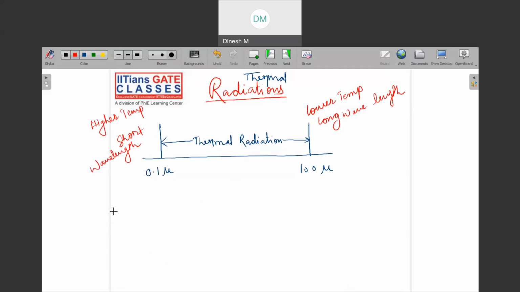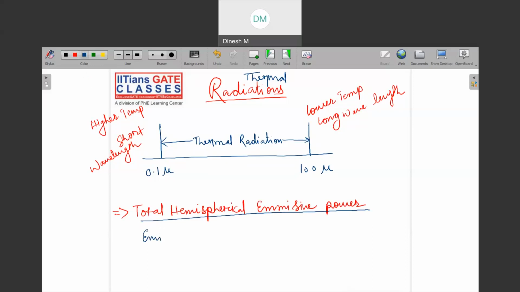Now basic definitions. First thing is total hemispherical emissive power. What is this total hemispherical emissive power? See, it is defined as the radiation energy emitted from the surface of a body.